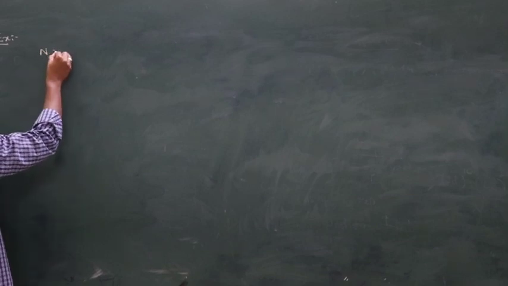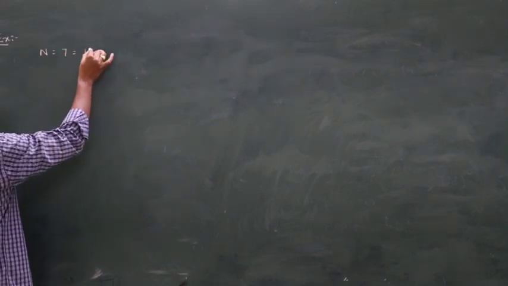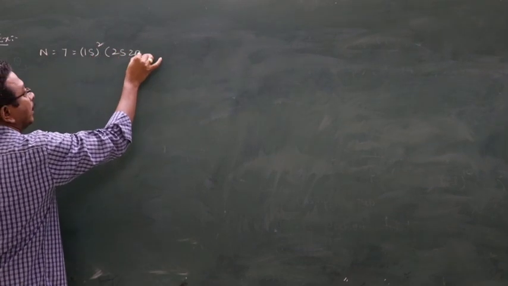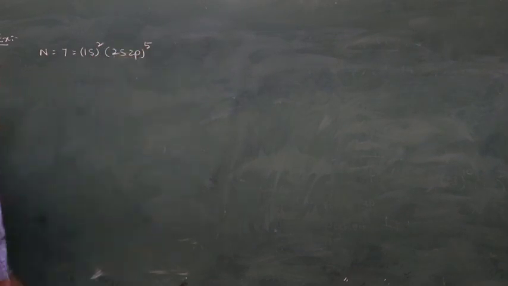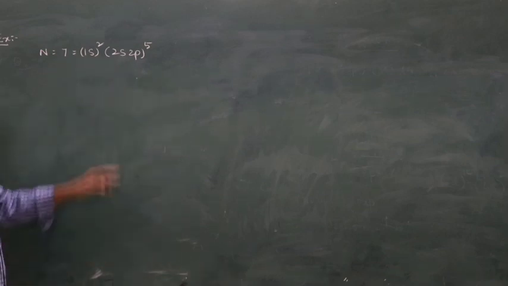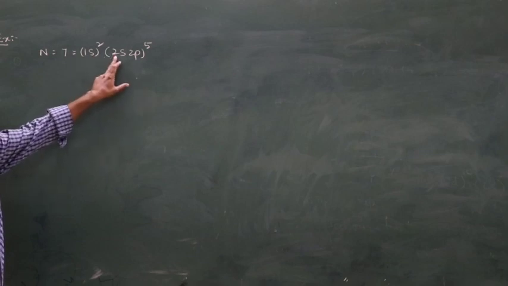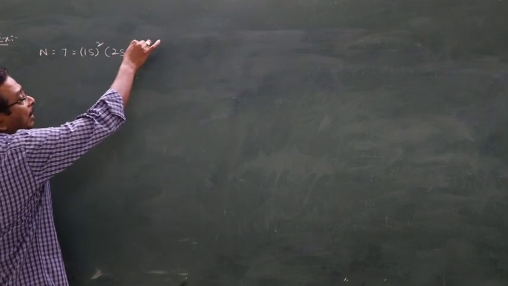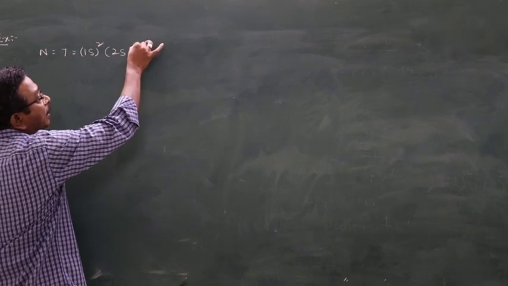Here nitrogen, atomic number 7, 1s2, 2s, 2p, 5. Actually 2s2, 2p3 according to our book, but according to Slater, 1s2, 2s2p5. Now I would like to calculate the effective nuclear charge of an electron present in the 2s, 2p group.